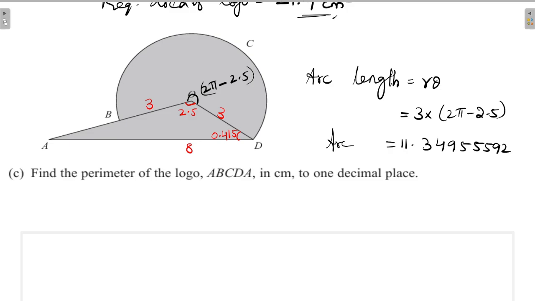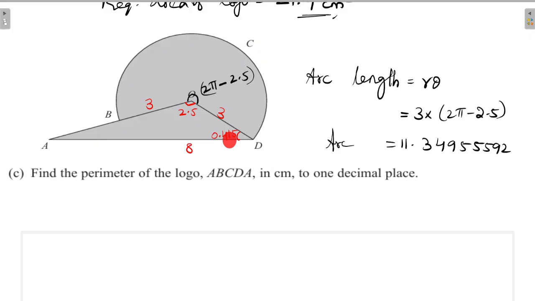Now we know one more length: the entire length AD is 8 centimeters. Let's find AB. This is part of the triangle, but this is the radius of the circle. We don't know OA. If we know the length of OA, we can remove this 3 centimeters to find AB. So let us use the cosine rule, because we know one angle and its adjacent sides.